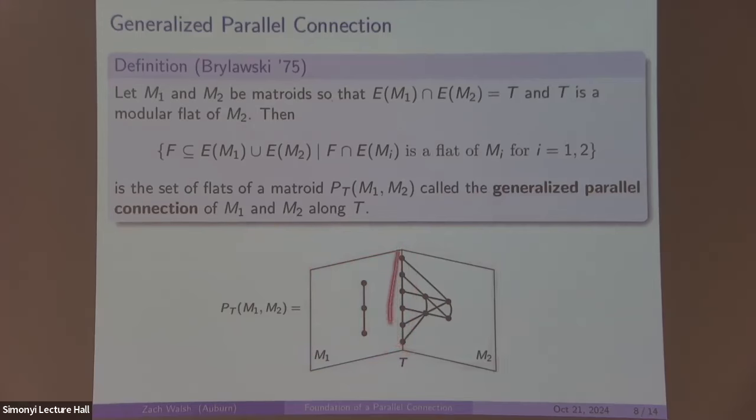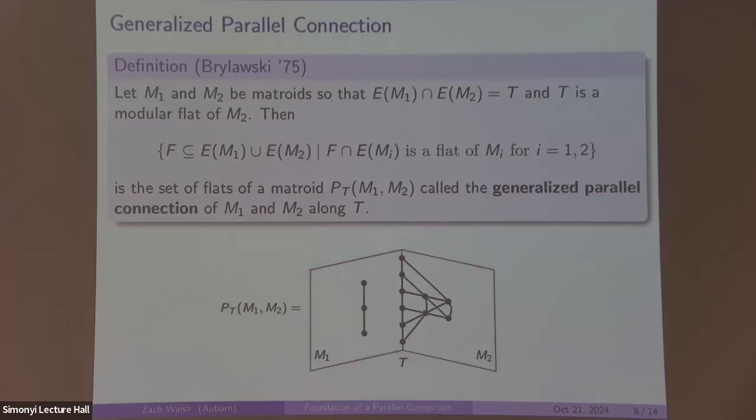This set, a rank 2 uniform matroid, is T, their common intersection. And this whole matroid is a rank 4 matroid, the generalized parallel connection of M1 and M2 along T. It's kind of like a book where the first page is M1, the second page is M2, and the spine is T.